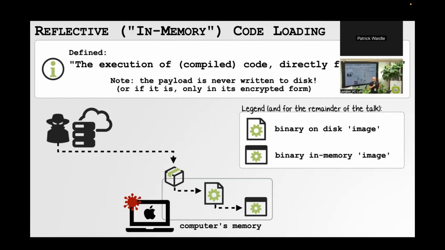And the idea is then a small loader will connect out to the internet and download a second stage or more comprehensive payload that then is directly executed from memory. This is known as reflective code loading, in-memory code execution, pick your term. But the key concept is this compiled binary is never actually on the file system. And we'll see this is problematic for detection capabilities.